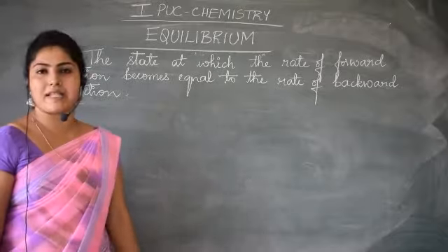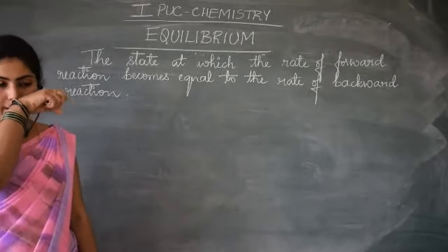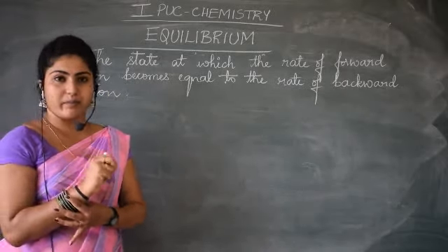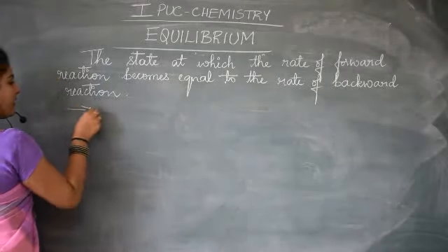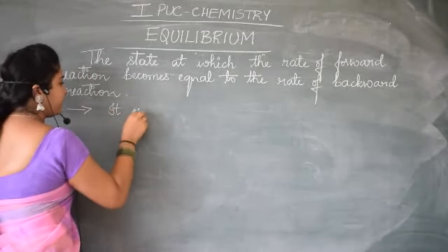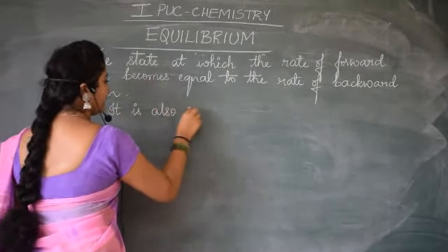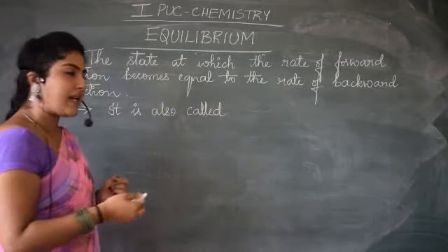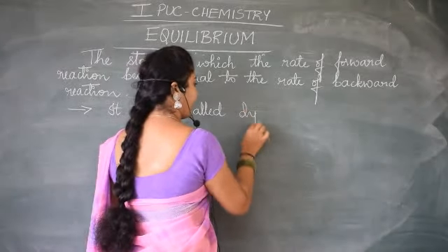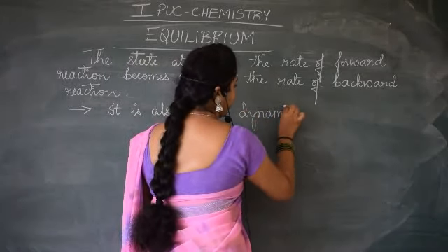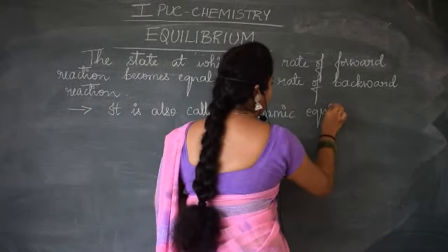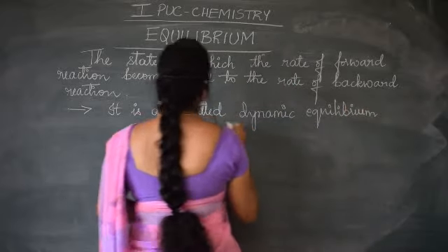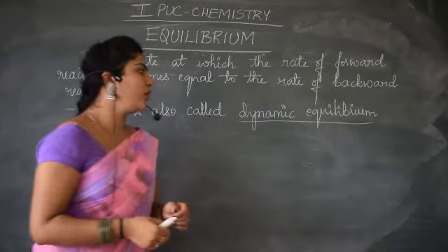Now let's take a simple example, because equilibrium is also called as dynamic equilibrium. So there can be a question, why is it said to be a dynamic equilibrium? When you have heard a term dynamic, you may have some picture.